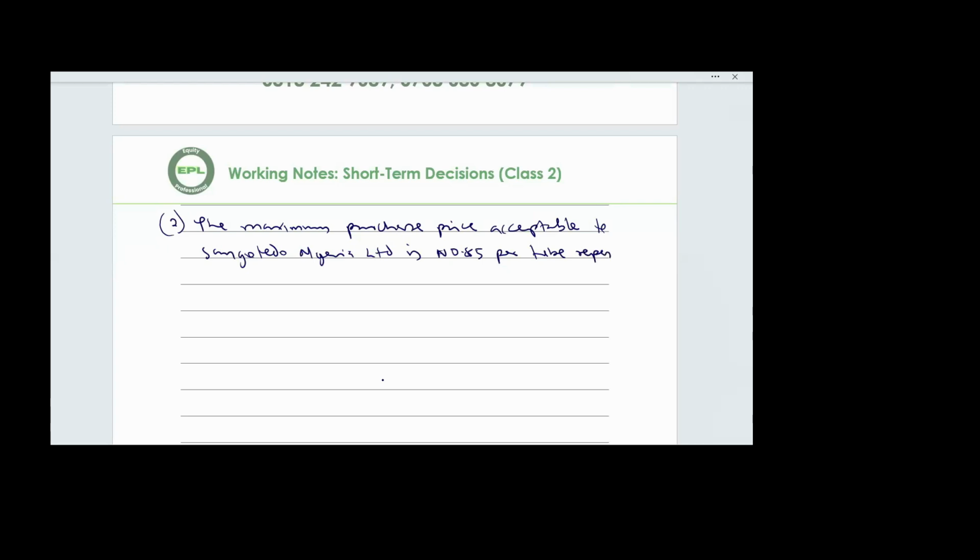Representing, let me write that, the total relevant cost per tube, total relevant cost per tube.